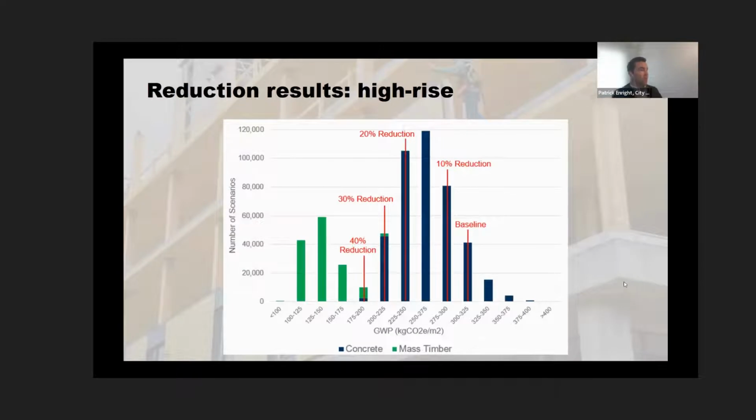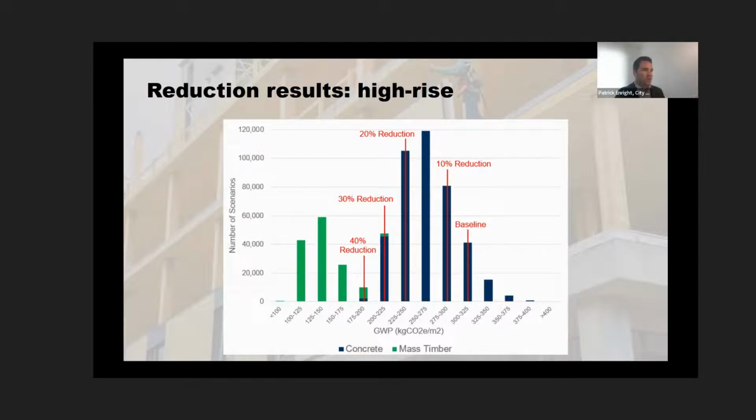Before we get to the cost, I'm going to be focusing on the high-rise scenarios. I think that's where the most interest is, and sometimes the fewest options to reduce embodied carbon. We tend to build high-rises out of concrete and reinforced steel, so there are the fewest options there typically, but we did, as Ivan shared, look at the high-rise, the mid-rise, as well as the townhouse archetypes.